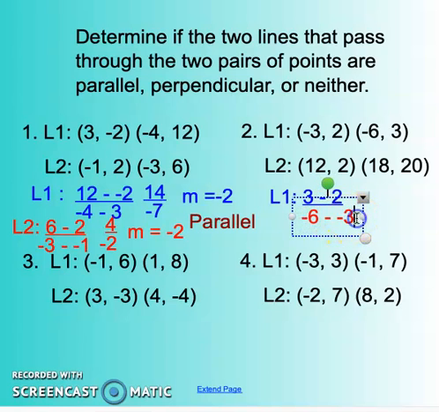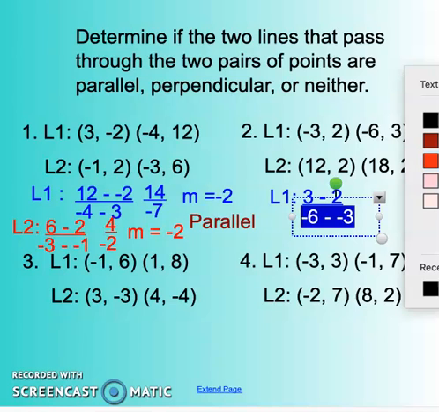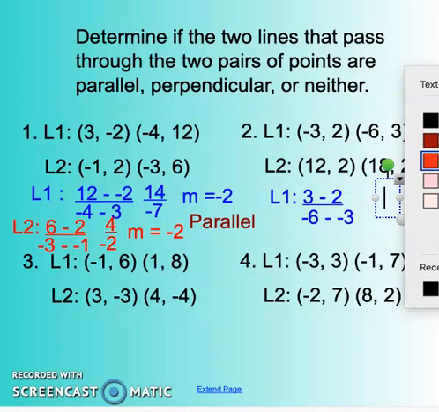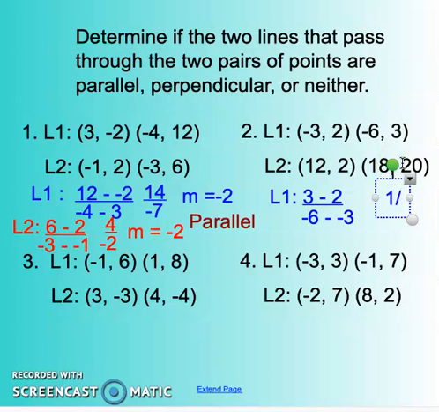Well, 3 minus 2 is positive 1. And what's negative 6 minus a negative 3? Right. So we have 1 over negative 3. So negative 1/3 is my slope.